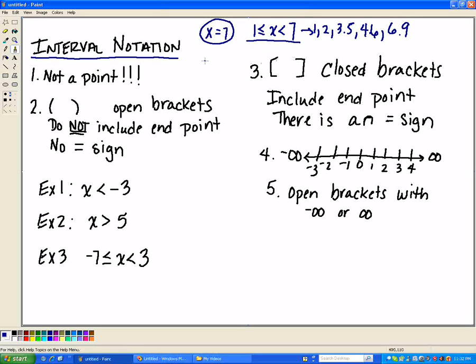So what we use is interval notation, and you might see it written like this, or like this, or some combination thereof, like round on one side, square on the other. The main thing to realize is that this is not a point on the Cartesian plane.